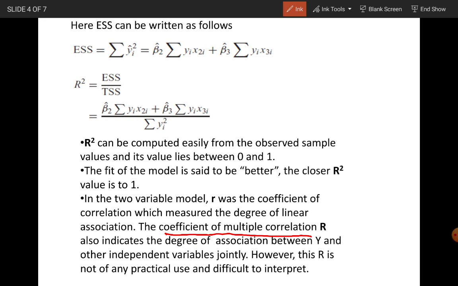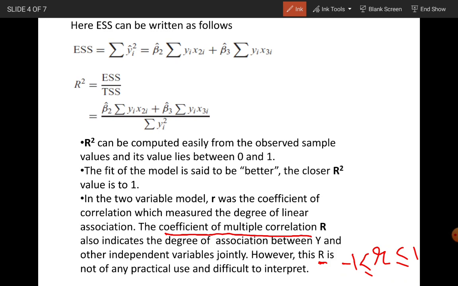So, we generally do not pay as much stress to capital R as we pay to the small r in the two variable case. Remember, in the two variable case, your r could lie between -1 and +1. So if you have a negative value of r, it means the degree of linear association between y and x is negative. So as y is increasing linearly, x will be decreasing, and so on.